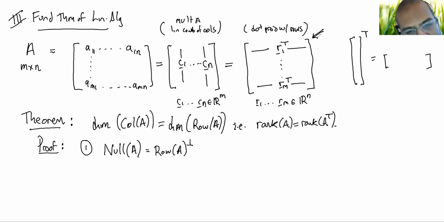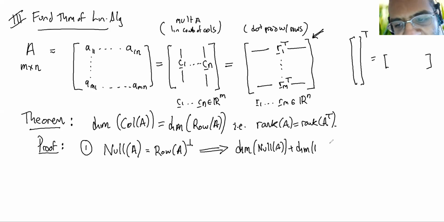And this implied, for example, by applying rank nullity to the projection onto the null space, that the dimension of the null space of A plus the dimension of the row space of A is what?